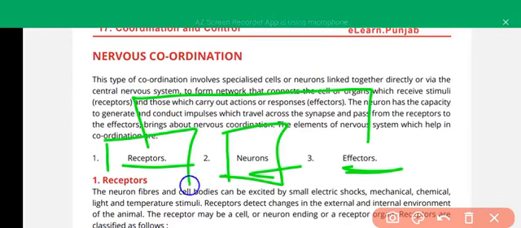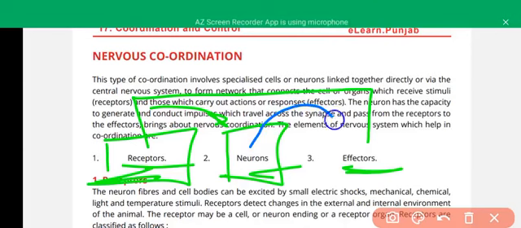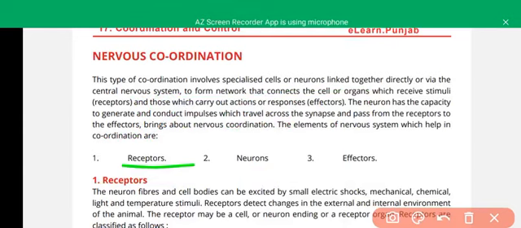Receptors are for reception; they take the message and give it to the neurons, and neurons give this message by various processes to the effectors, and effectors perform chemical reactions and functions that control the activities. In this way, coordination takes place in living organisms.